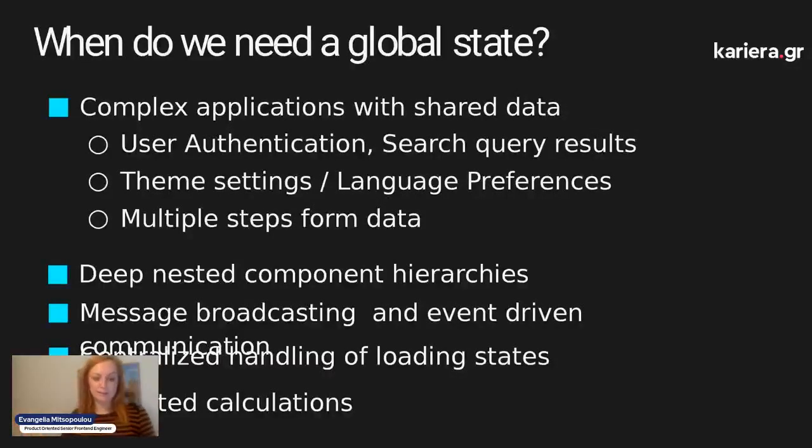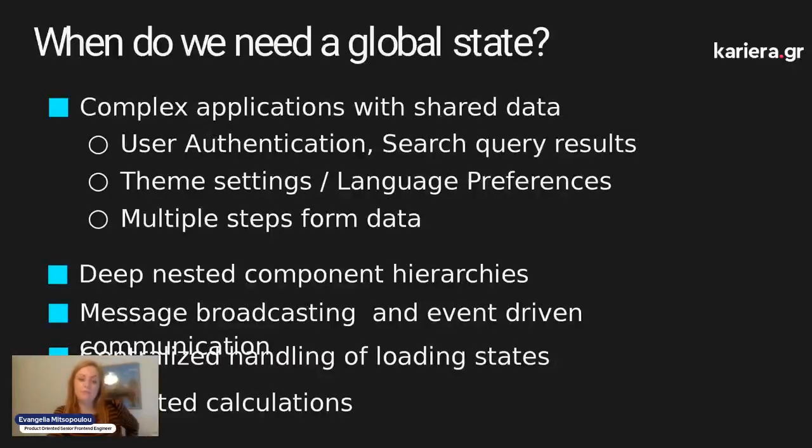The props drilling is how we start learning and doing state management, but it's not a very efficient way because it also complicates our tests. It's not very maintainable. If we need to make a change, we need to make it through all the components from grandparent down to the grandchild component. So that's why if we have very deeply nested components, we use global state so that each one of these components directly talks to the state.